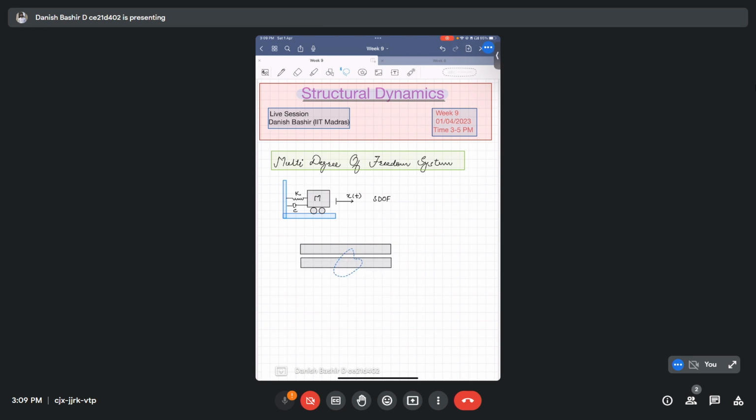We have columns like this, which are supported by columns, and we have one more column system on this side.